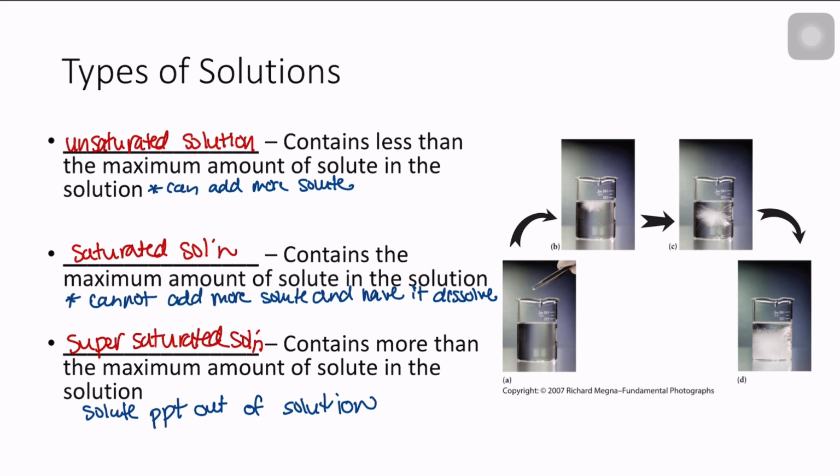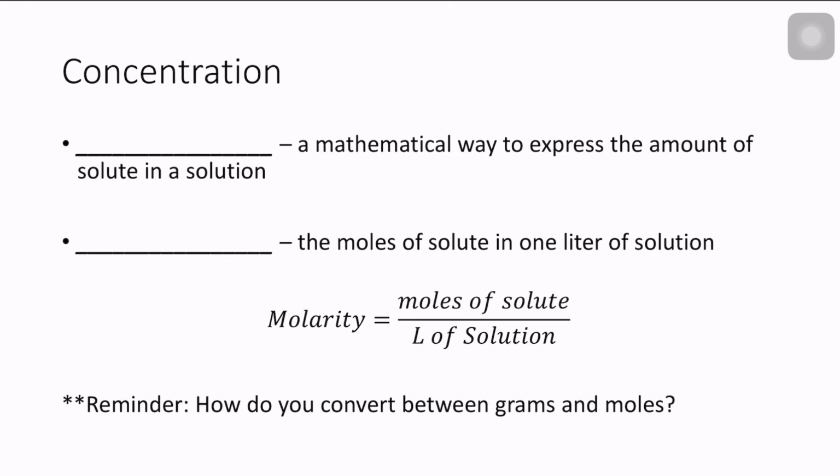Since we have so many different types of solutions, we need to have a way of talking about how much solute we have in the solution. And we do that using concentration. In chemistry, concentration is a way to compare the solute to the solution and the solvent in a mathematical way.